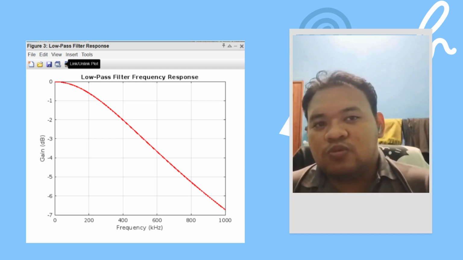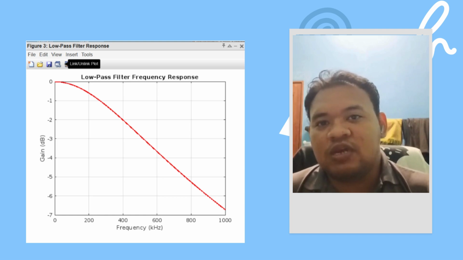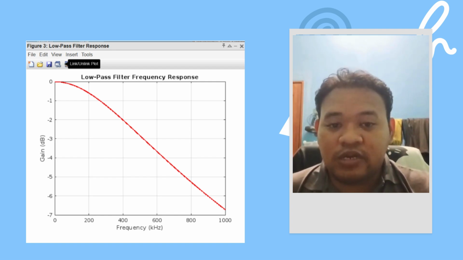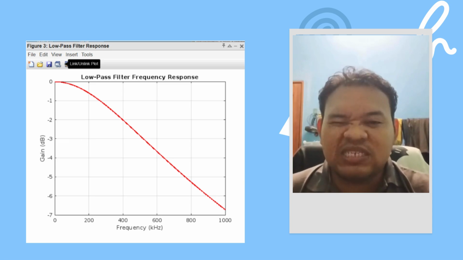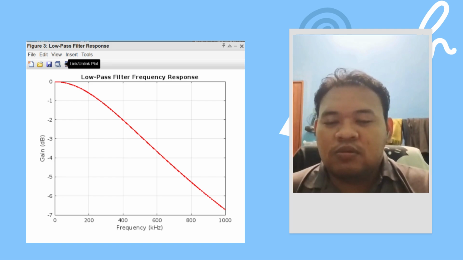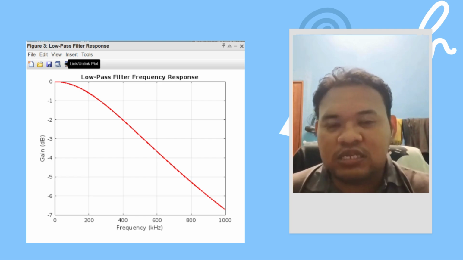The gain drops to negative 3 dB exactly at 520 kHz, confirming the accuracy of the design. This filter implies that harmonic components below 520 kHz would pass mostly unaffected, while those above would be increasingly suppressed.